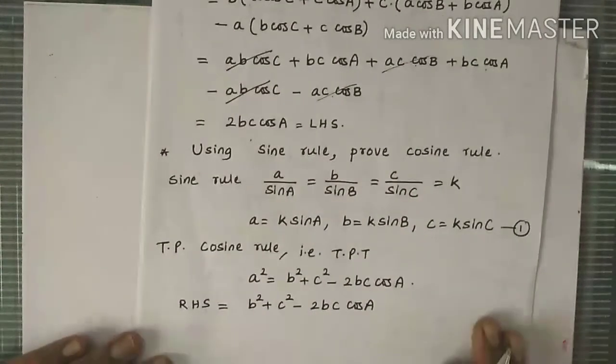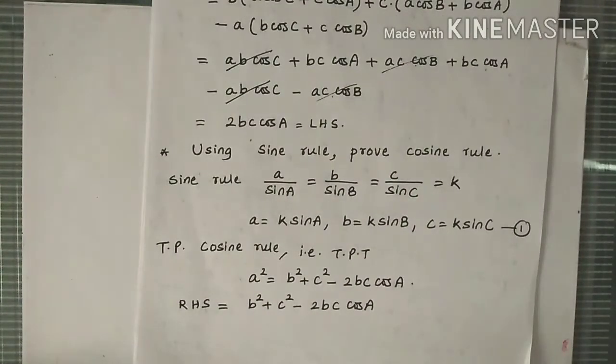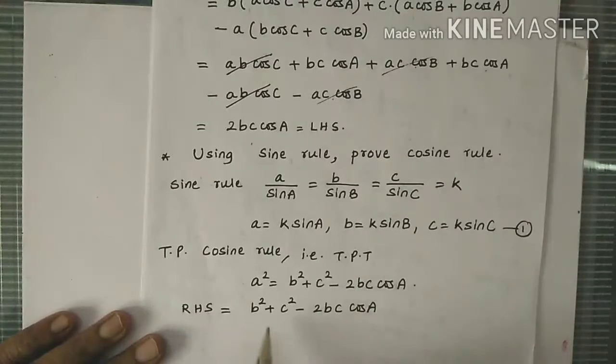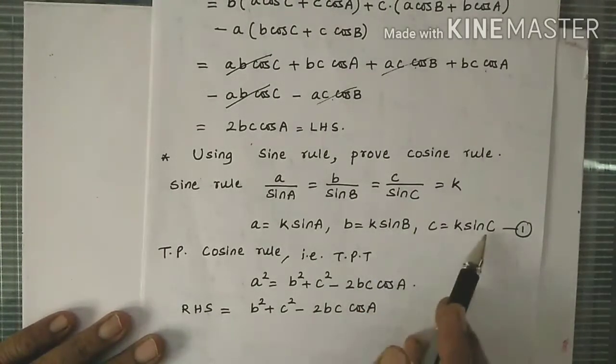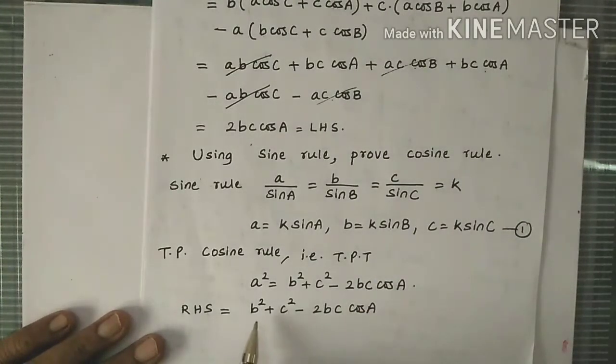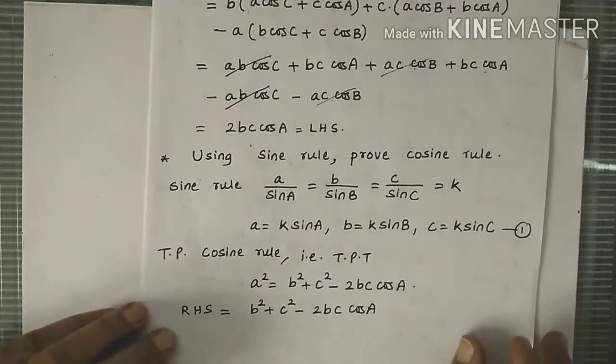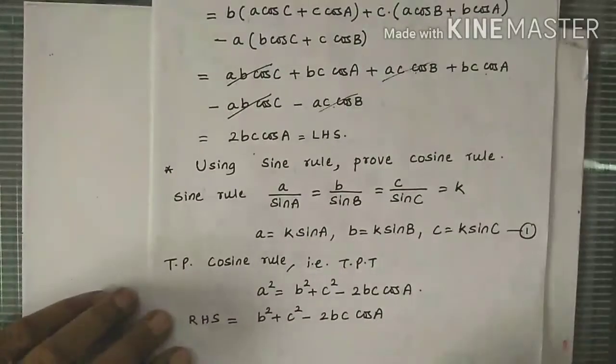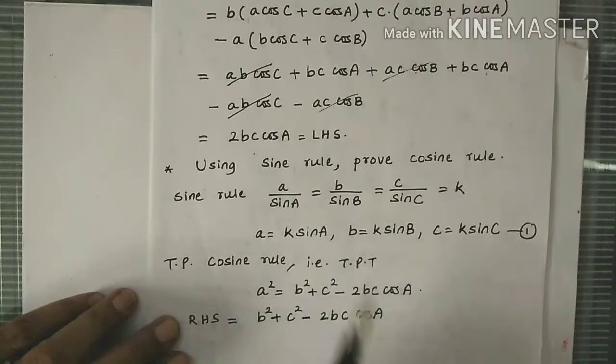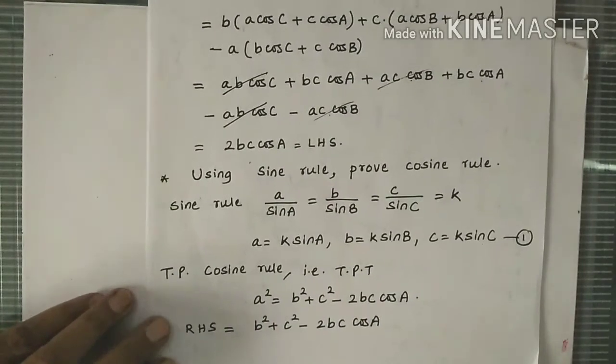Now we have to use sine rule. That means we are writing B and C as K sine B and K sine C. So let's replace B and C with K sine B and K sine C. And we have to prove that this equation is equal to A square. Now A is K sine A. So we should get K square sine square A after simplifying the terms.